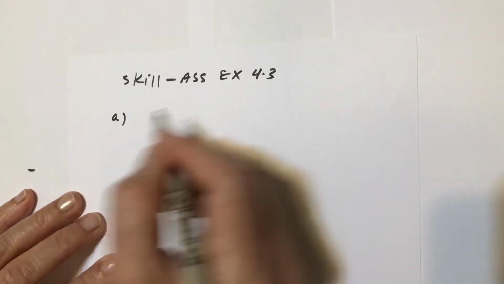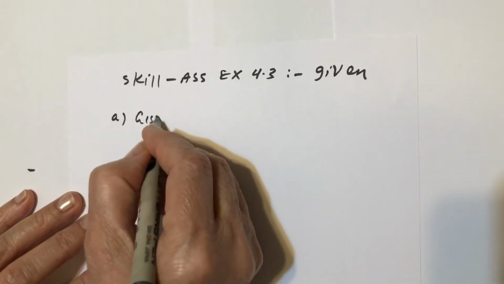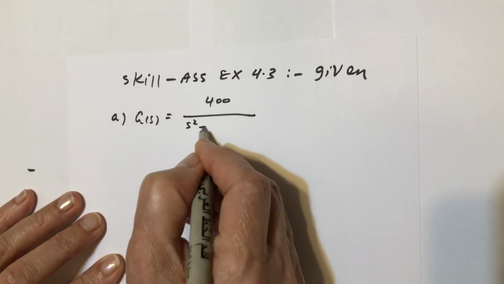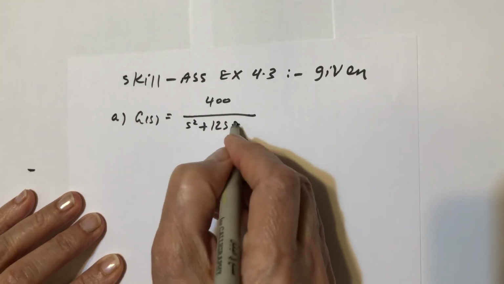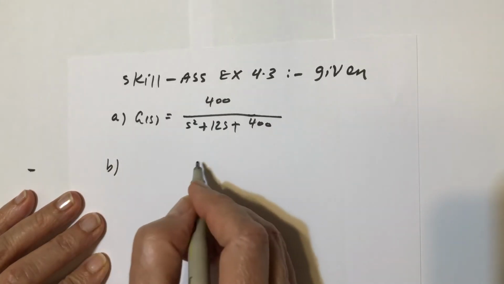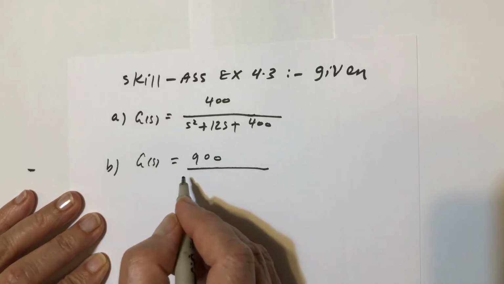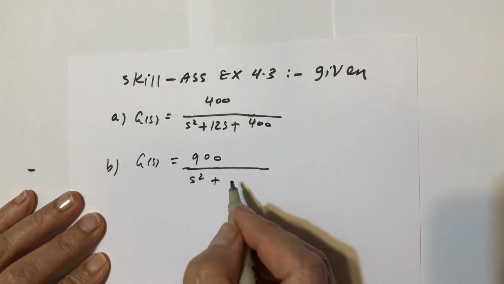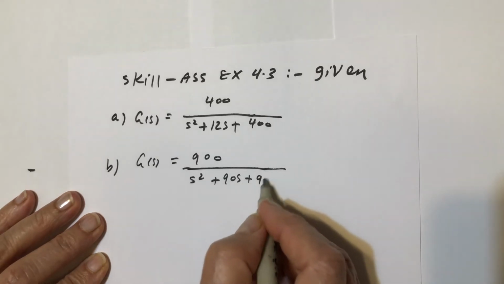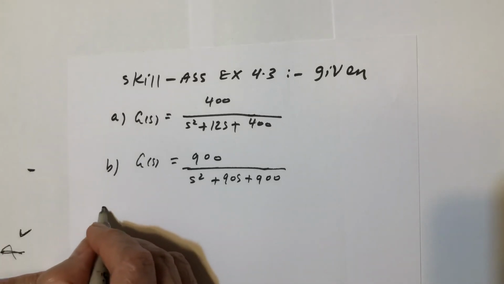He's given you a, G of s equal to 400 over s square plus 12s plus 400, and b, G of s equal 900 over s square plus 90s plus 900, and let's take them all.